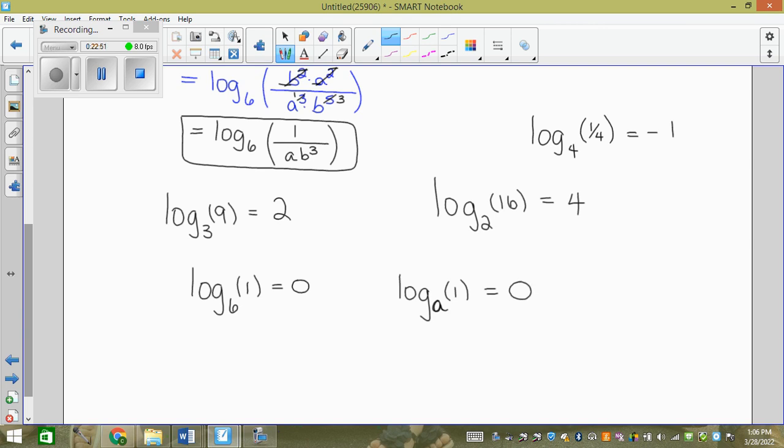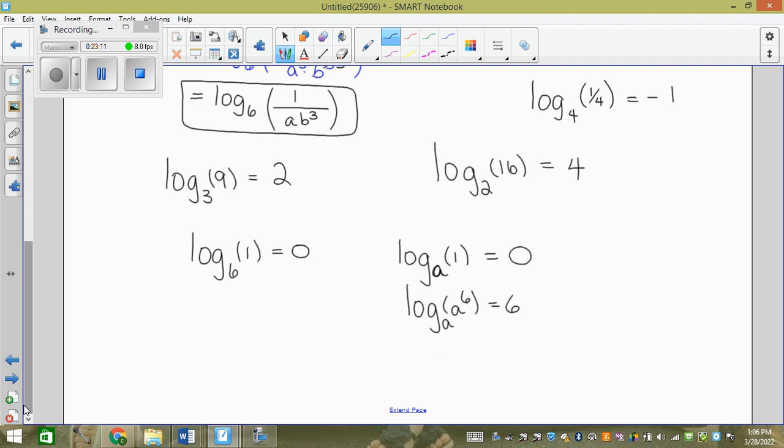The other rule that everyone forgets is if I give you log base A of A to the 6. Your answer can just be 6, because you're going to say A to what power gets me A to the 6? 6. The other way you can look at it is, log base A of A to the 6, I can take the 6 and drop it in front.